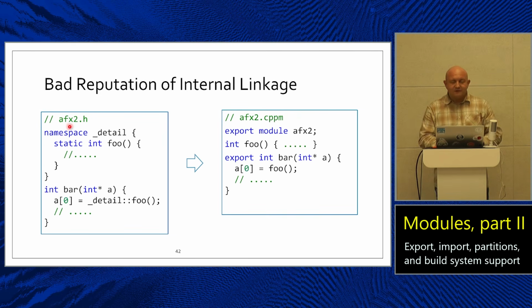Every time this header is included, the compiler also has to pull in everything that foo depends on: all the templates it instantiates, all the types it touches, everything it includes. Those dependencies spread throughout the project like a virus. So even though the function sits quietly inside the detail namespace, its definition leaks parasitic dependencies into every translation unit that sees it. That's why internal linkage often causes trouble.